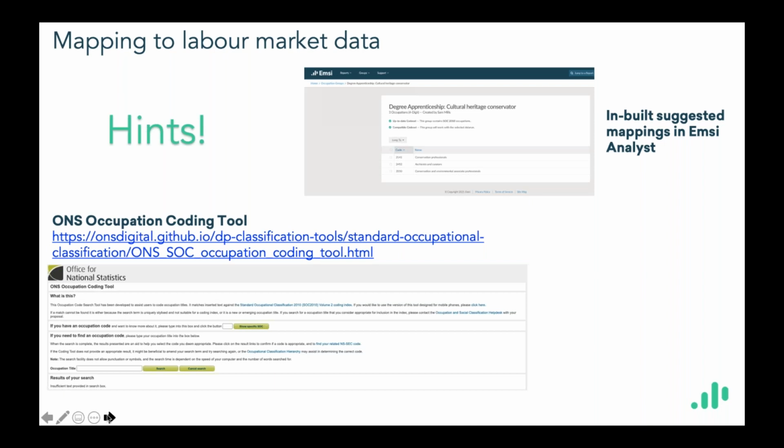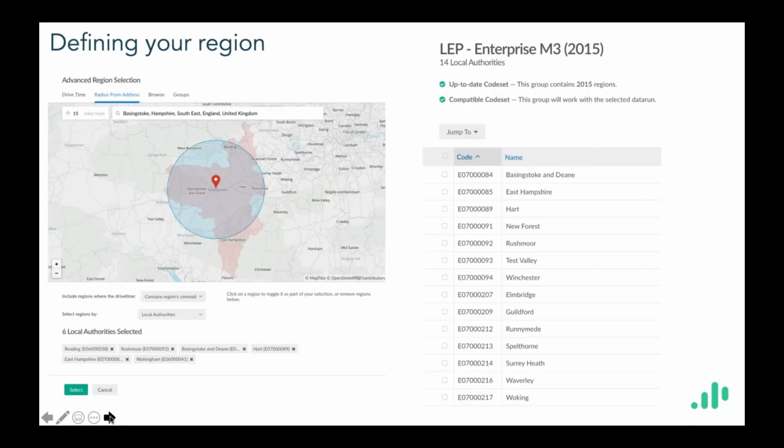And if the ONS state that a particular SOC code is where they capture the data on a particular job title, then you can be pretty confident you've mapped it correctly. So that's a really useful tool for everyone there. And of course, we'll be sharing the slides and the links and an email with those as well afterwards. So don't worry if you're trying to hastily write down that address. So let's move to the next slide.